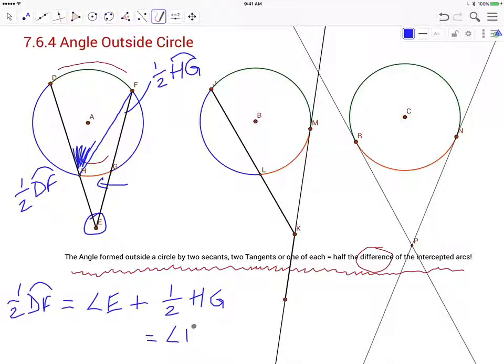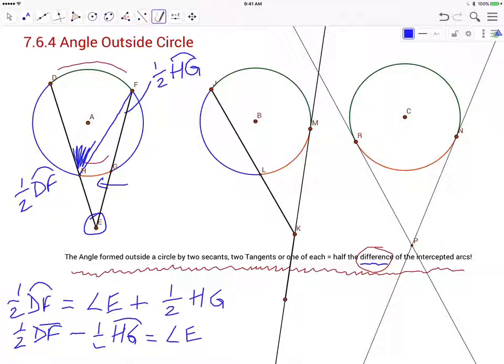Angle E is equal to half of DF minus half of HG, or half of the difference of the intercepted arcs. Half the difference of the intercepted arcs.